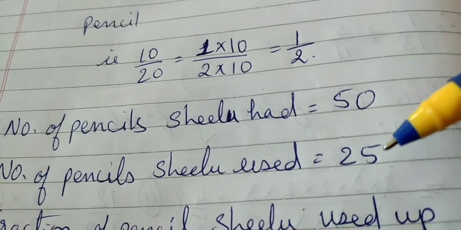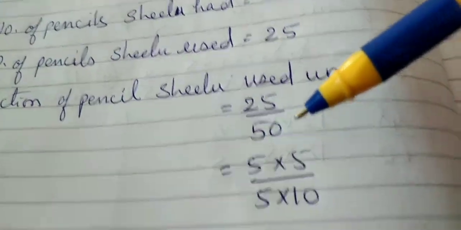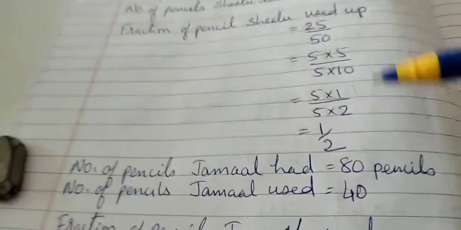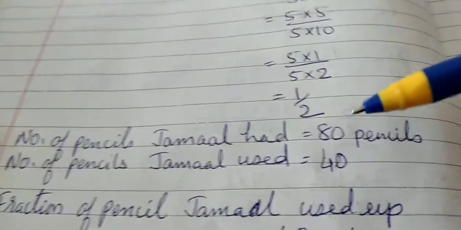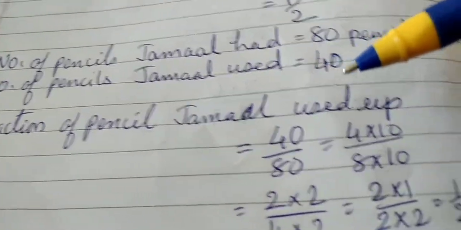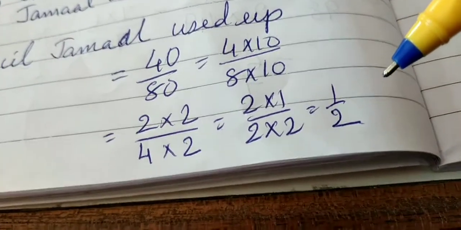She used 25. So fraction of pencils Silu used up is 25 upon 50. On simplifying, I got 1 upon 2 part of the total pencils Silu used, and number of pencils Jamal had, 80, number of pencils Jamal used, 40. Fraction of pencils Jamal used up, 40 upon 80, so it is 1 upon 2.